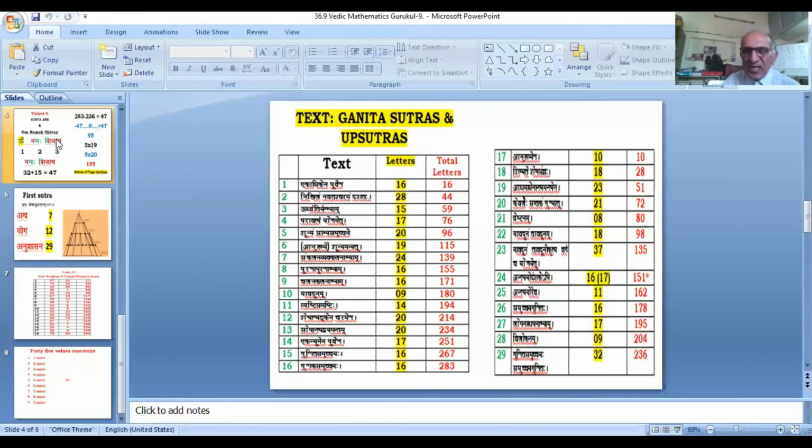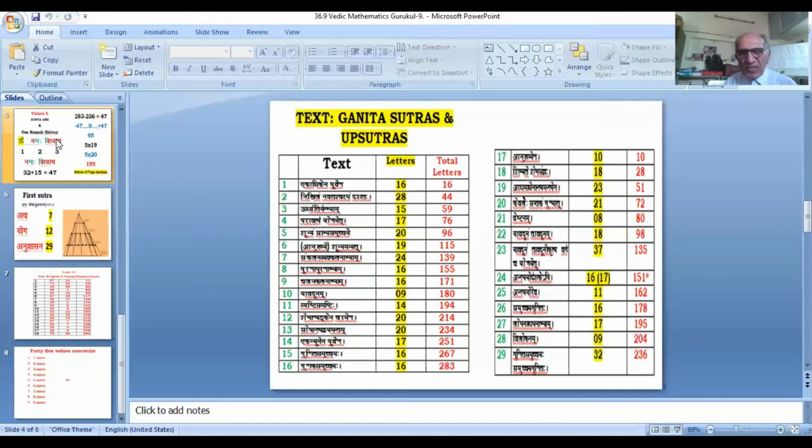Then we will see independently Upsutras with Ganita Upsutra 1 Anurupyena yields us value 10 parallel to its 10 letters, and the second Upsutra Shishyate Sheshasamjnah leads us to value 18, and 10 plus 18 is equal to 28. Like that, if we sequentially proceed, we will reach at value 236 as the total value of the total letters of all the 13 Ganita Upsutras.